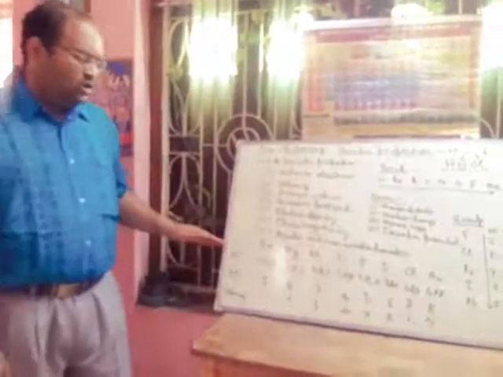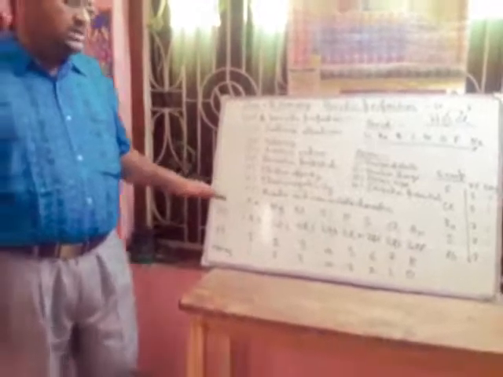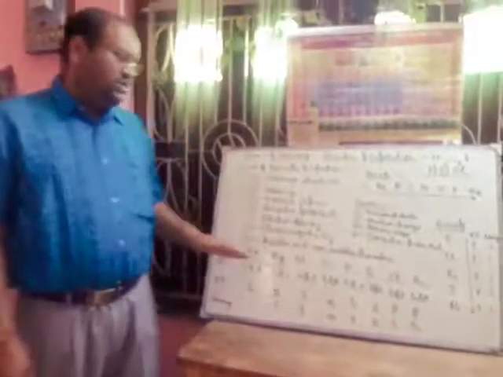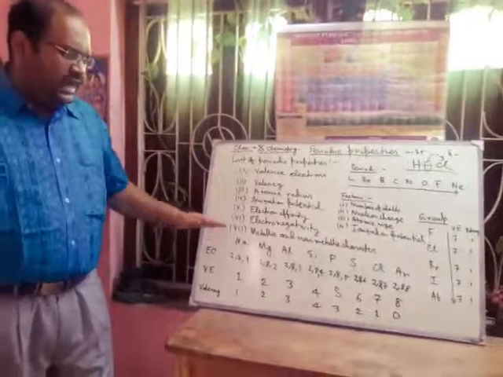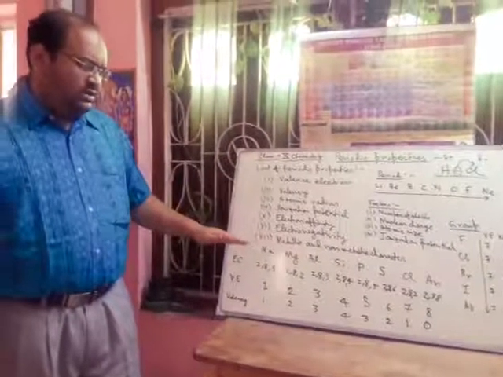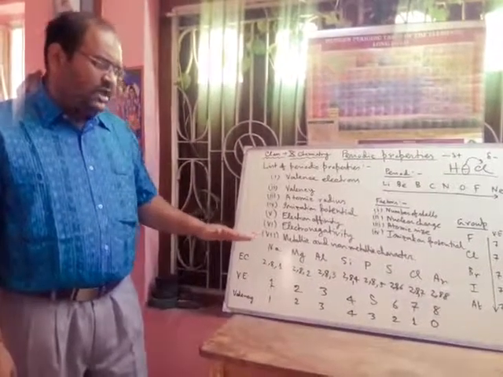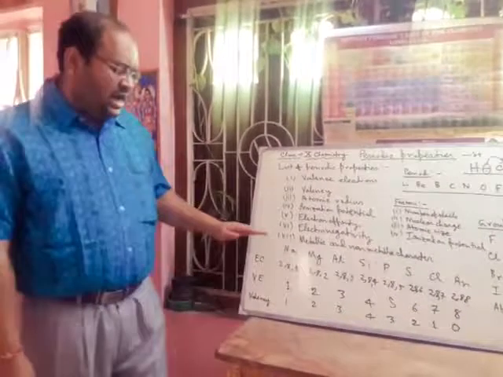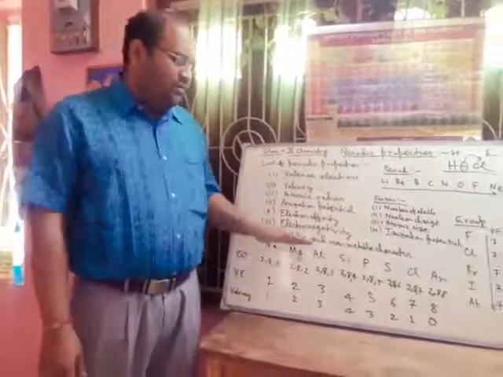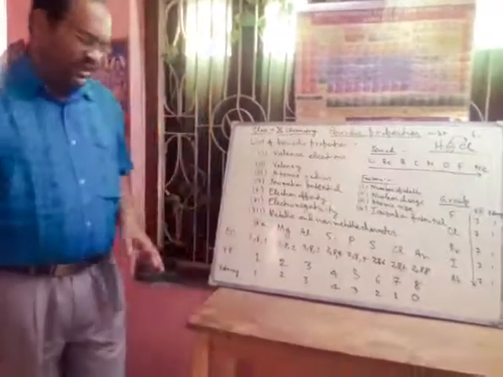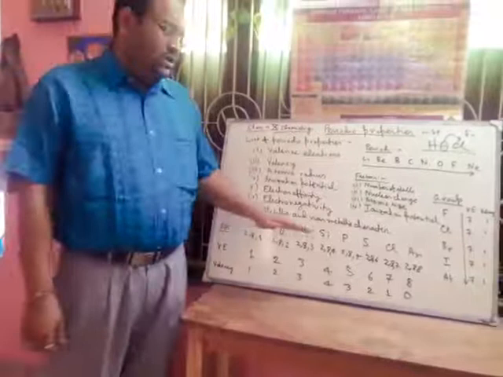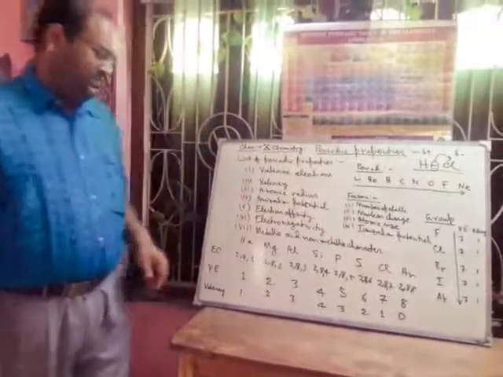So the atomic radius will decrease because with the increase of the atomic number and nuclear charge, the valence electron will feel more attraction towards the nucleus, and so the size of the atom will decrease.